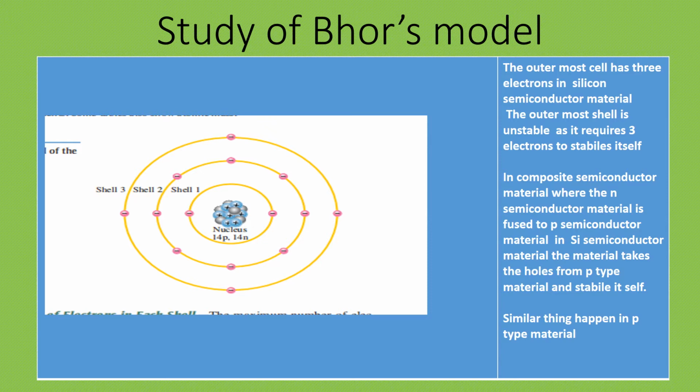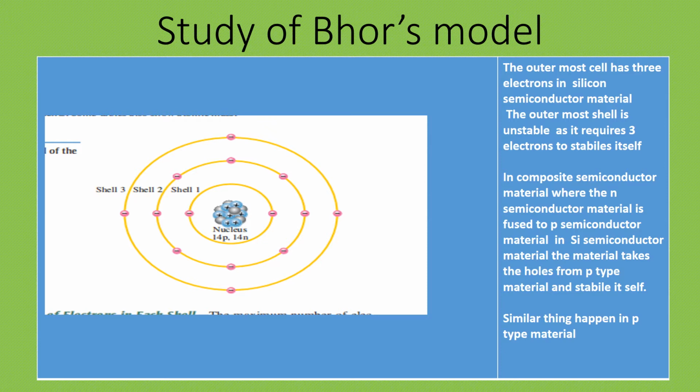But here only 4 of them are there. Now, in order to attain stability, what does the atom do? It tries to attain stability by forming a covalent bond with the neighboring atom and get stabilized.